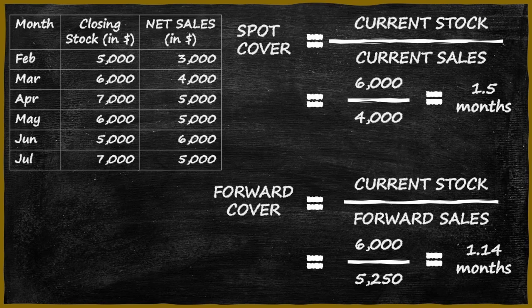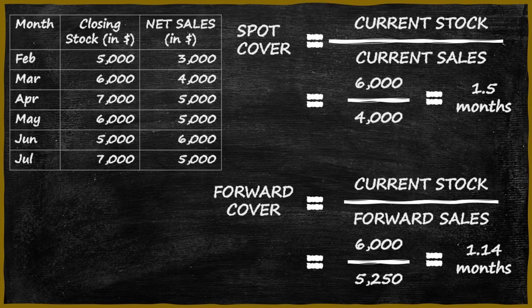For the forward cover, we have taken the average of the next 4 months, which is 5,250. So we're not looking at what we have done so far, but at the forecast that we have built for the next 4 months. When we do that calculation, our stock cover is 1.14 months or 5 weeks.